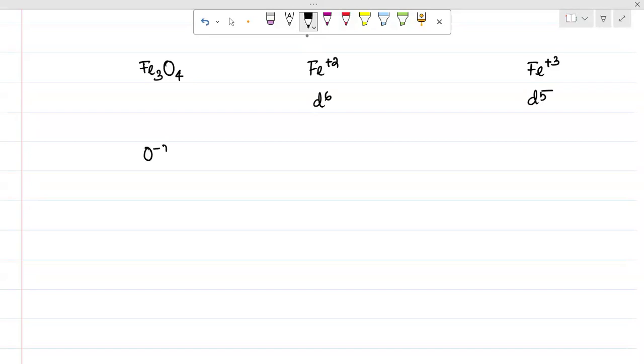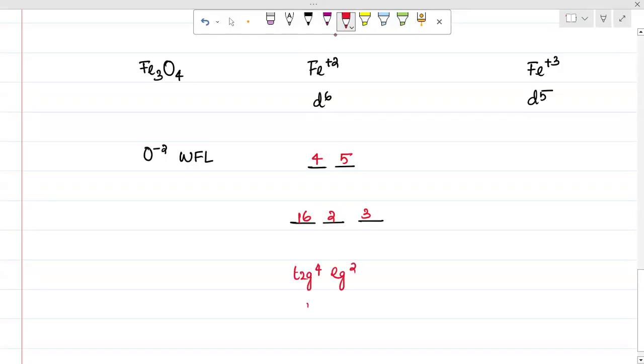Again, the ligand is oxide, which is a weak field ligand, so the t2g eg gap will be small. You have to fill 6 electrons. 1, 2, 3. The fourth one will easily jump, and then the sixth one will pair. So you have t2g4 eg2. Your CFSE value after you calculate for octahedral geometry is going to be -0.4 delta O.